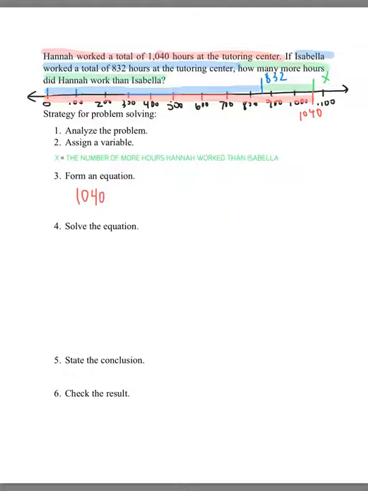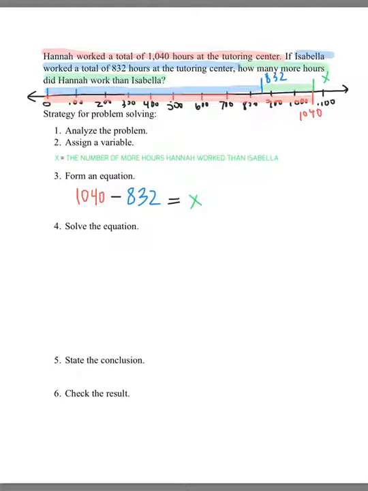And then we're going to subtract from that the number of hours that Isabella worked, which is the smaller, 832. And then that's going to be equal to the difference between the two, which is x. And this x actually represents the number of more hours Hannah worked than Isabella. So our equation does make sense, and it does follow the given information. And it's going to lead us to the correct result.